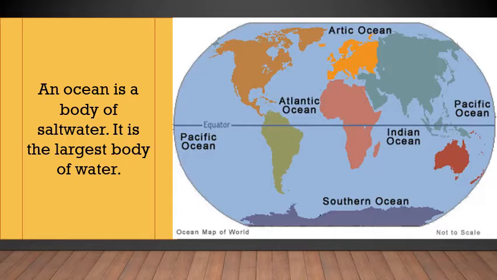We have five oceans: the Arctic Ocean, the Pacific Ocean, which is considered as the largest ocean, the Indian Ocean, Atlantic Ocean, and the Southern Ocean, which is known as the Antarctic Ocean.